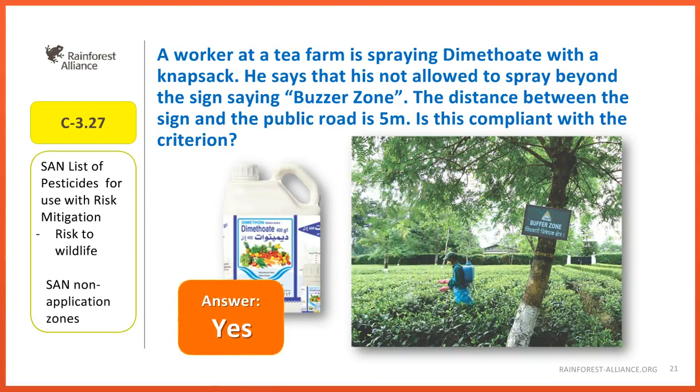Dimethoate is another chemical listed in the SAN list of pesticides for use with risk mitigation. The worker is using a knapsack sprayer, so the SAN non-application zone needs to be 5 meters or wider. In this case, the farm has established 5 meters of non-application zone, so this is acceptable.